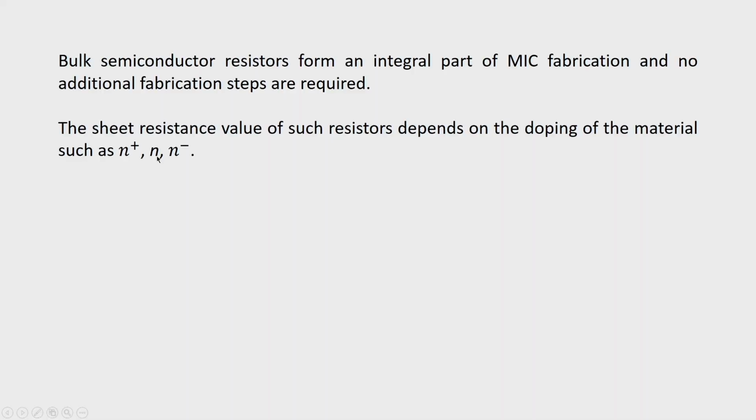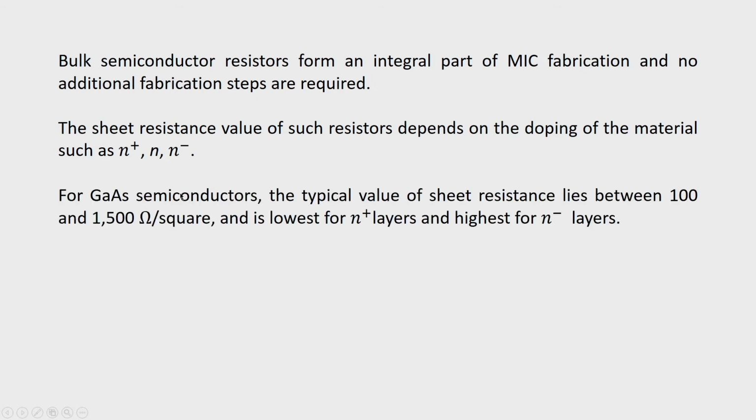N plus is highly doped, N is moderately doped, and N minus is lightly doped. For gallium arsenide semiconductors, the typical value of sheet resistance lies between 100 ohm to 1500 ohm per square and is lowest for N plus layers because it becomes highly conductive, and highest for N minus layers.